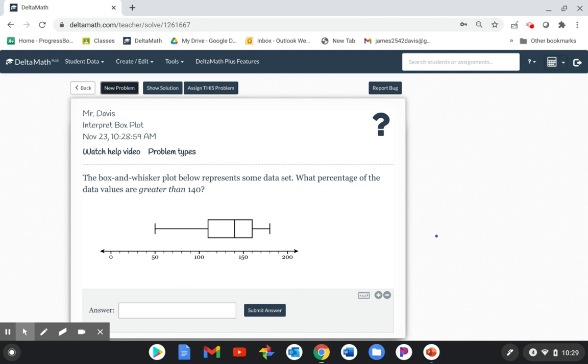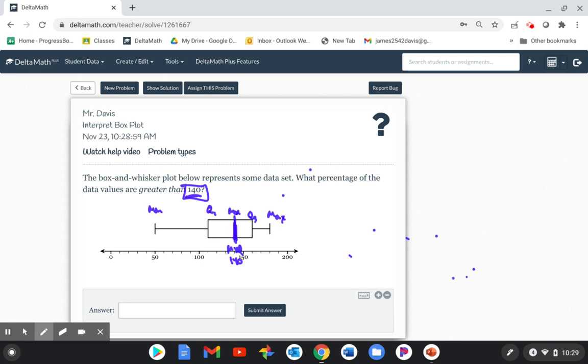All right, so to answer that question, all of these questions are going to be about one of the values, whether it's the min, quartile 1, median, quartile 3, or the max. These numbers are going to be referencing one of these. So in this case, 140 is going to be the median. So if it asks what percent of the values are greater than 140, well, 140 is right in the middle, right?